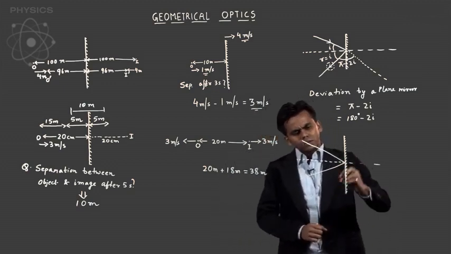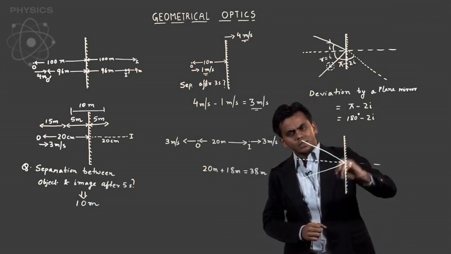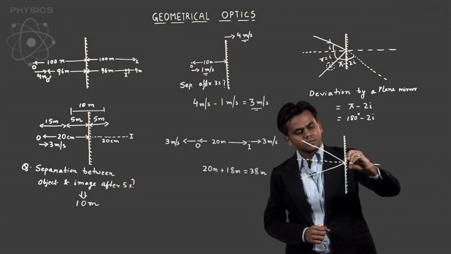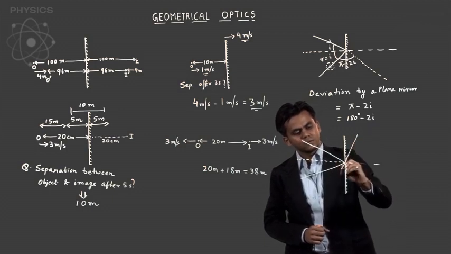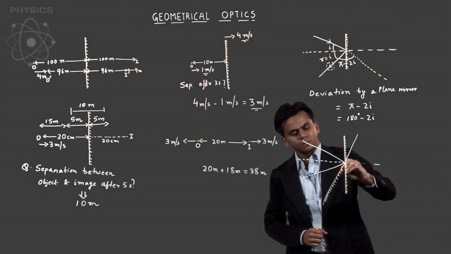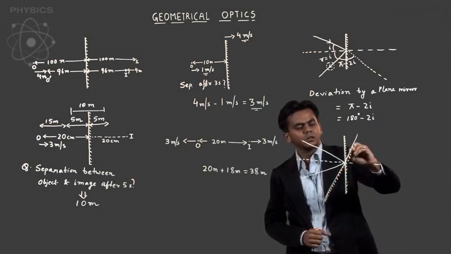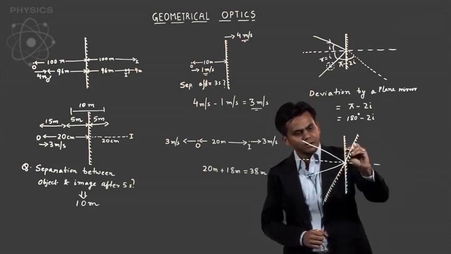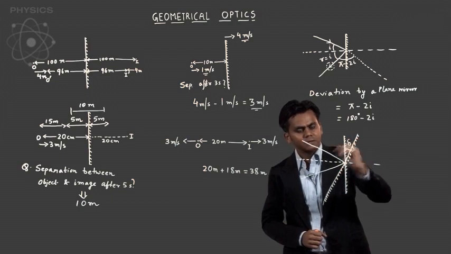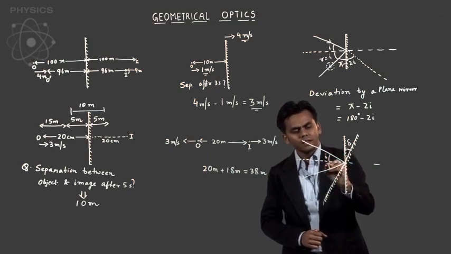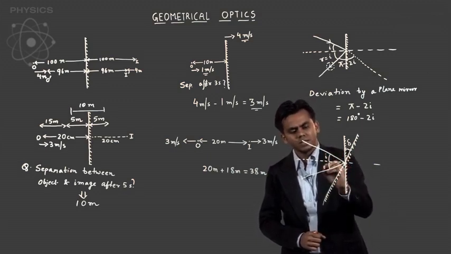If you tilt this mirror by some amount, let's say that tilt is by delta. This is my new orientation or new position of the mirror, and this angle over here is your delta. This was initially I, even this was R equal to I. I'll simply write I, that would suffice my case.